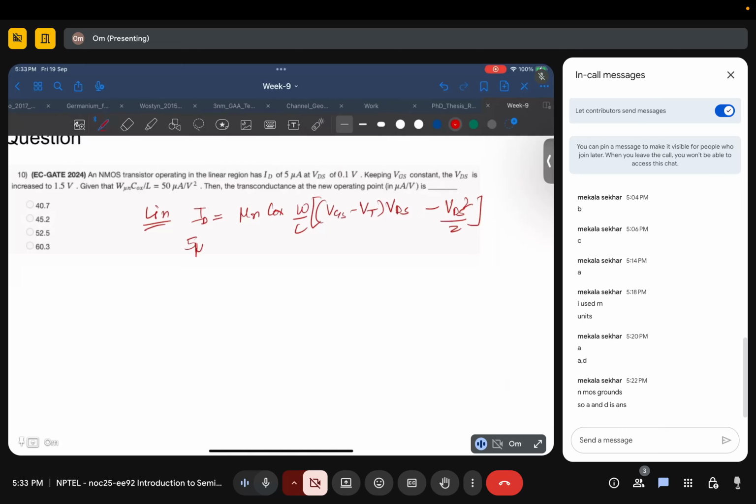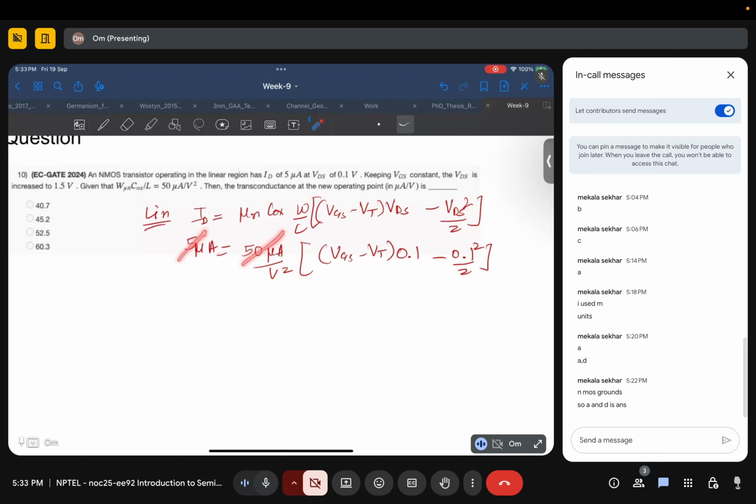So 5 microampere is 50 microampere per volt square into VGS minus VT into 0.1 minus 0.1 square by 2. So if we take 0.1 common from here and here, 50 into 0.1 will be 5 microampere.